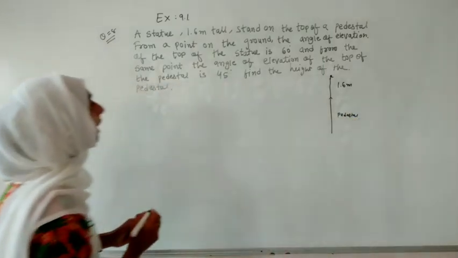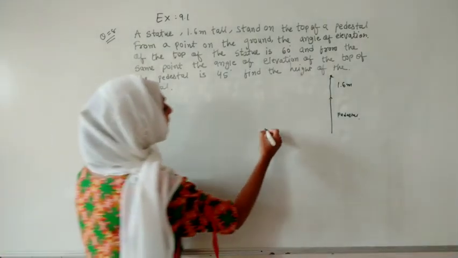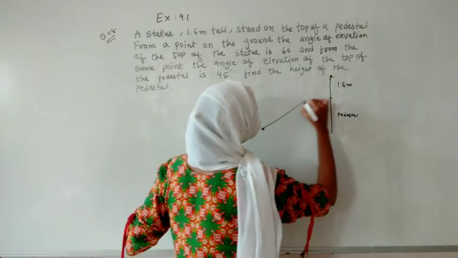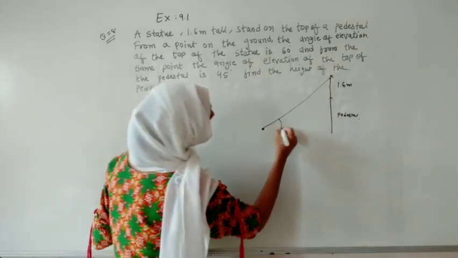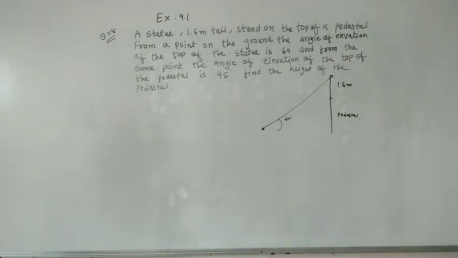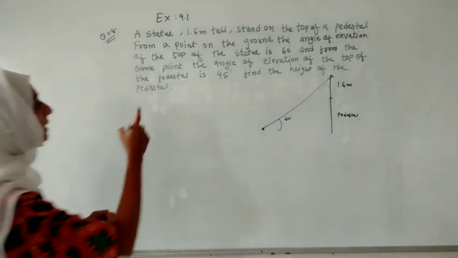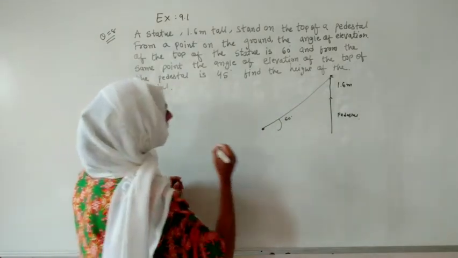Then what happened? The angle of elevation of the top of the statue. That is, if we are looking at the top of the statue from the ground, then it is making 60 degrees over there, and from the same point, the angle of elevation of the top of the pedestal is 45. Find the height of the pedestal.